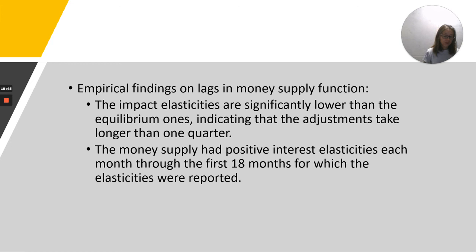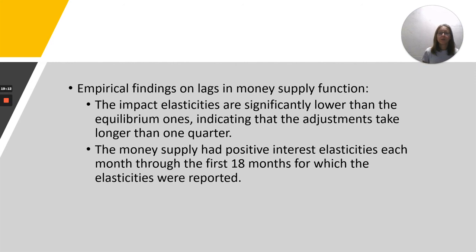The last issue to consider is the empirical findings on lags in the money supply function. We talked much about lags in monetary policy, but now what do the empirical findings say? We see that impact elasticities are significantly lower than the equilibrium ones, indicating that the adjustments take longer than 1 quarter.